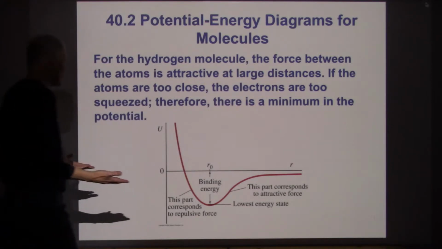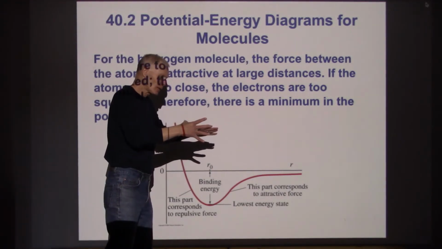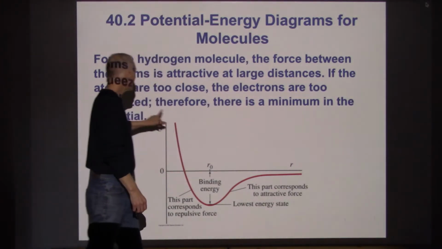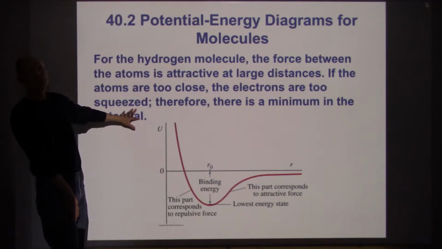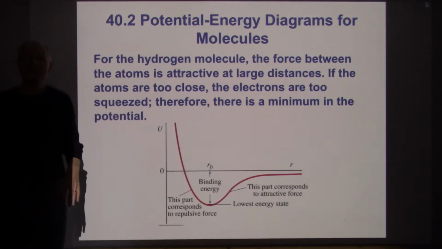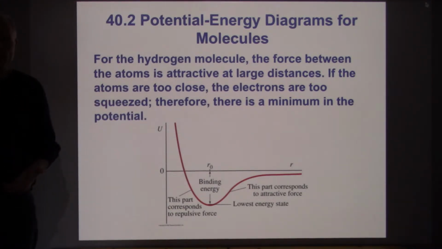So the electric and magnetic forces are tending to draw the two atoms together, but at some point the electrons are being squeezed, is what they say here. The electrons need their space, and so pushing the electrons any further actually requires energy instead of releasing energy.